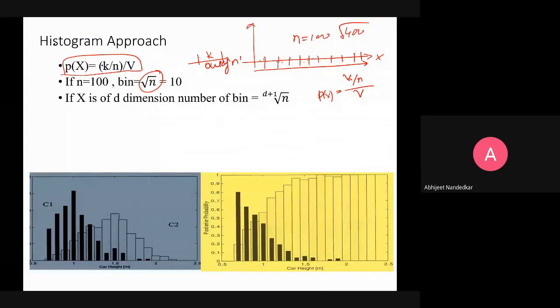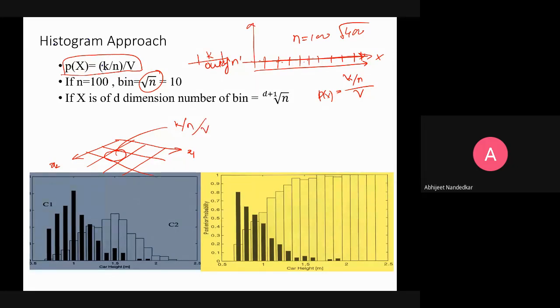But if it is a two-dimensional case, then instead of bins on the x-axis only, we have to have two axes. This will be your x1 and this will be your x2. Then you have to divide x1 and x2 like this and make bins. This will be say one bin, and then you have to count how many samples fall in this out of n, divided by its volume, or area in this case.